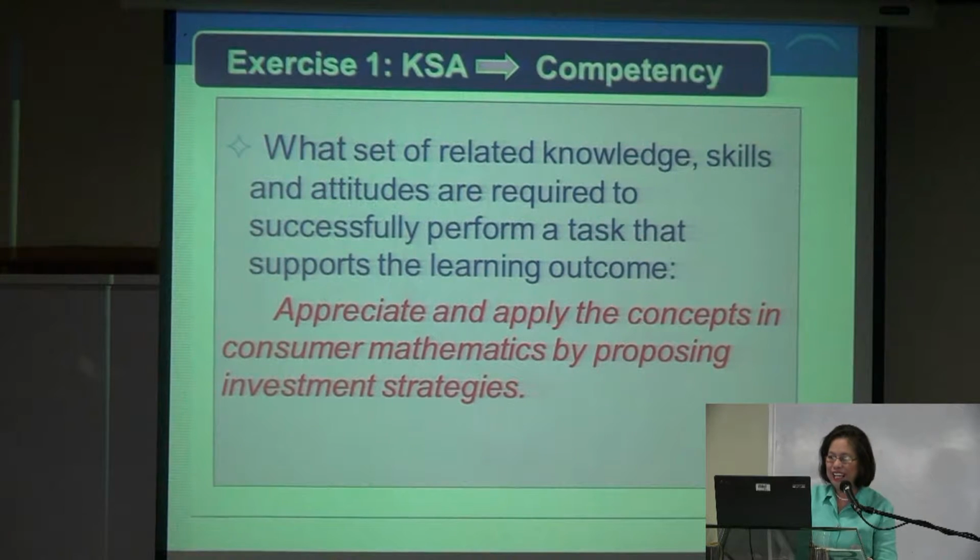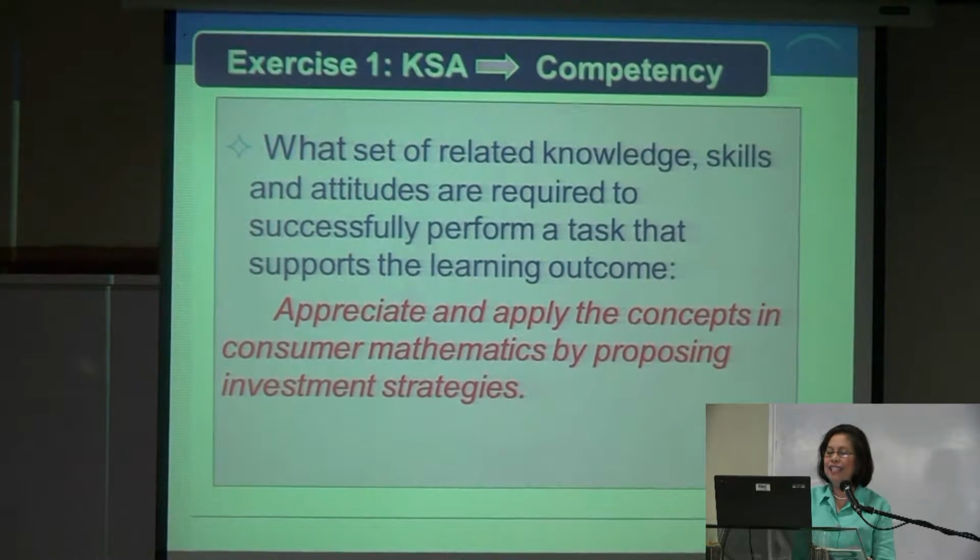Let's have this first exercise. What set of related knowledge, skills, and attitudes are required to successfully perform a task that supports this particular learning outcome? This is a learning outcome in the syllabus, in the Mathematics in the Modern World of DLSU.